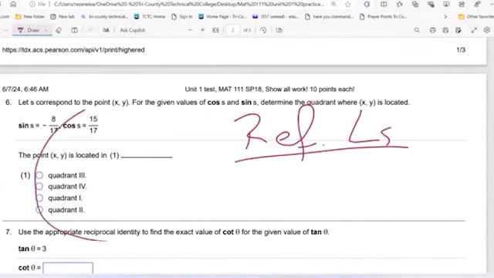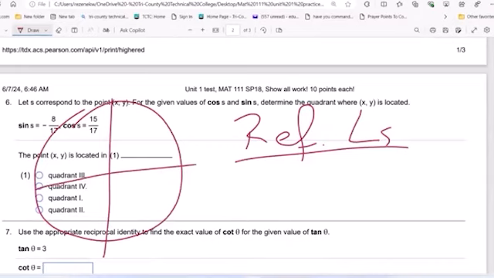In the first quadrant, reference angle is the same as theta. In the second quadrant, reference angle phi is equal to 180 minus theta, the original angle.